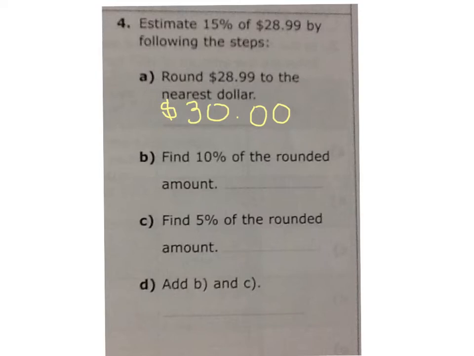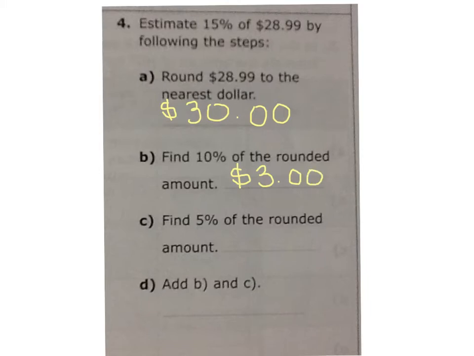And now I am going to take this decimal and move it here because that is the shortcut when you are finding 10% of any amount. So 10% of $30 is $3 because you take this decimal point and place it right there. And that's exactly what I've done.